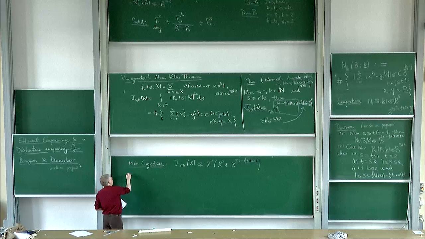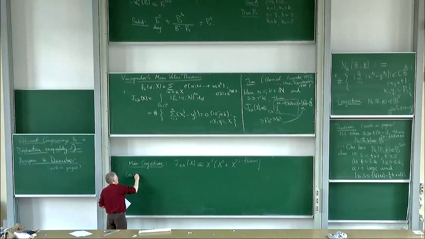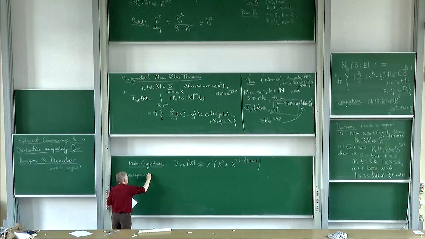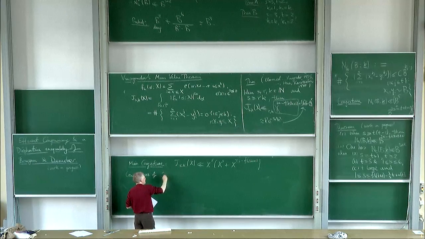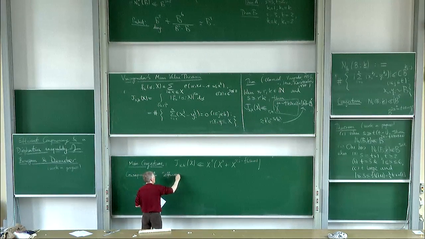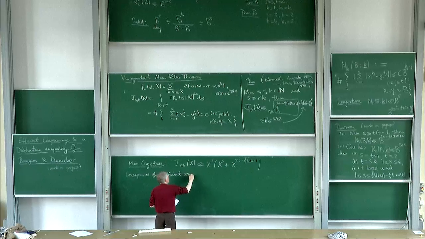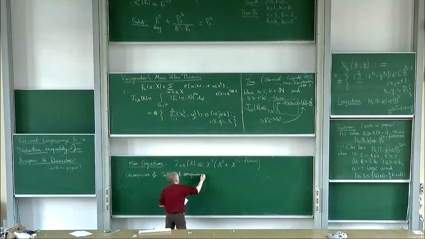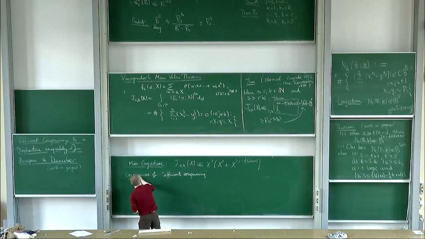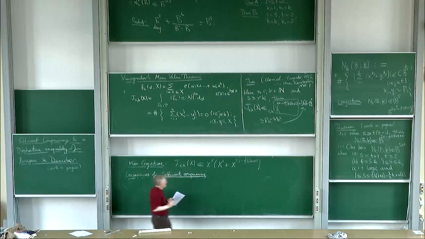And then this is a theorem which summarizes consequences of this new argument, this efficient congruencing argument, which tells you that we're now really extremely close to proving the whole of this conjecture.